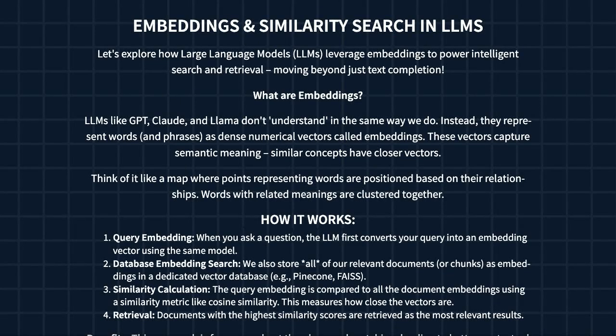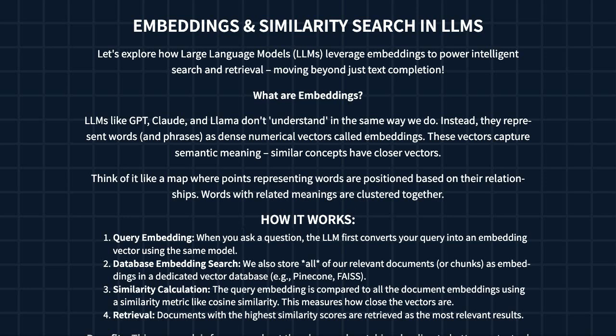Okay, so you've probably heard of LLMs like ChatGPT generating amazing text. But how do they actually find the information they need to answer your questions? It's not just about predicting the next word, it's about understanding relationships between concepts. The key is embeddings. Basically, we convert words and phrases into numerical vectors.